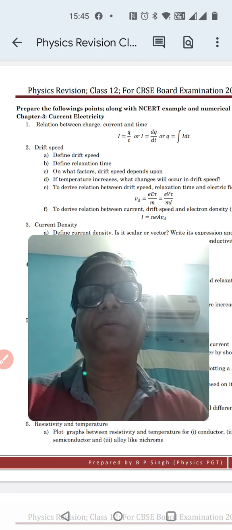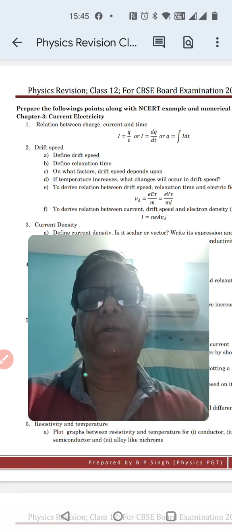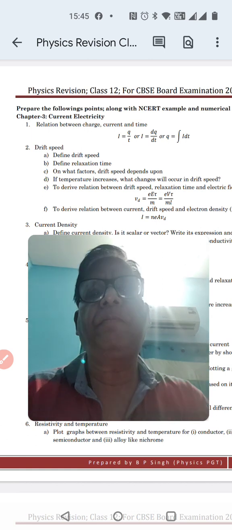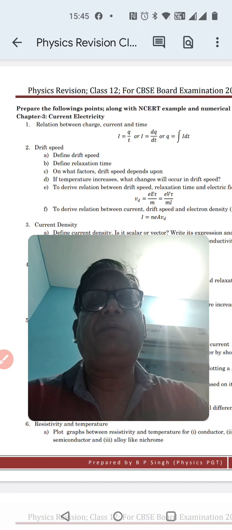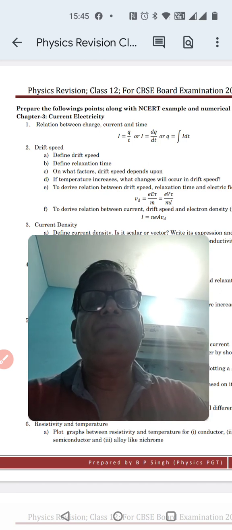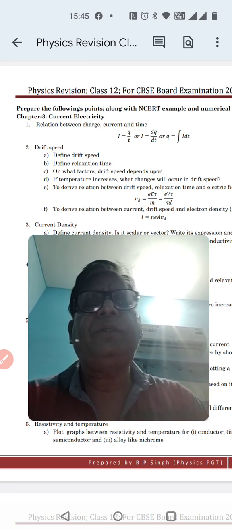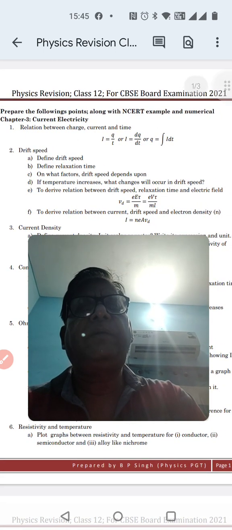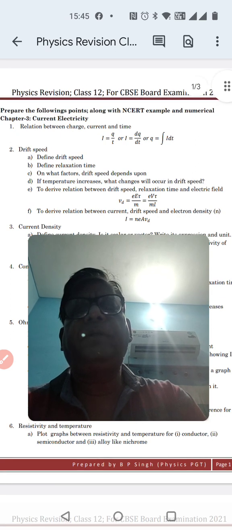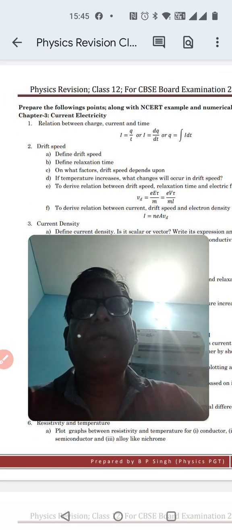I would like to state about Physics Revision Class 12 for Chapter 3 CBSE Board Examination, though it is written in 2021 but still valid.